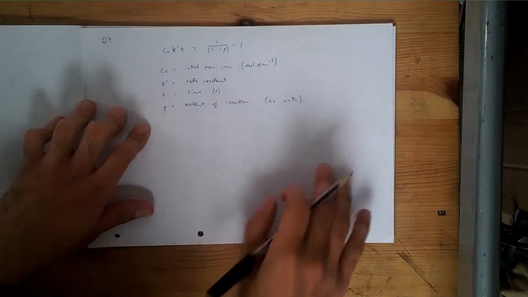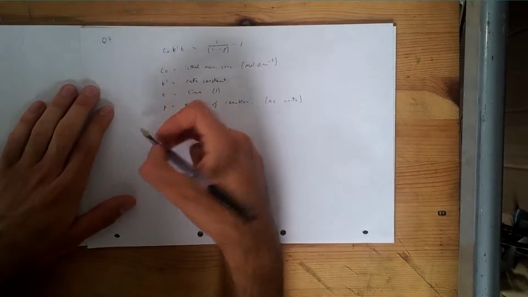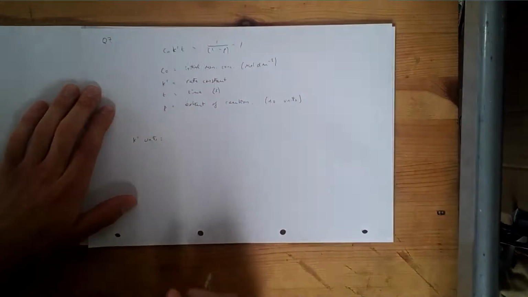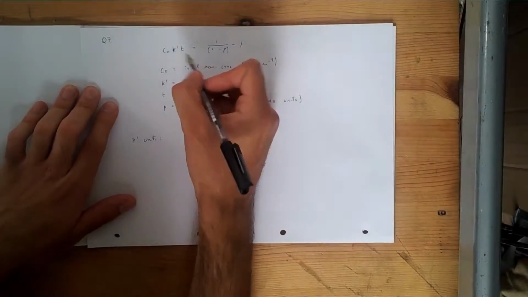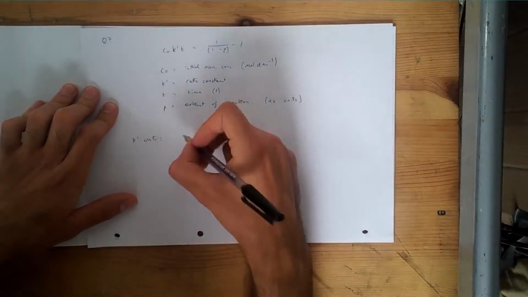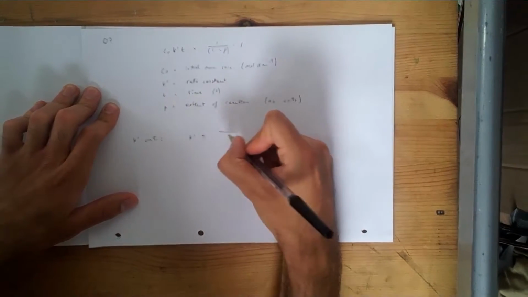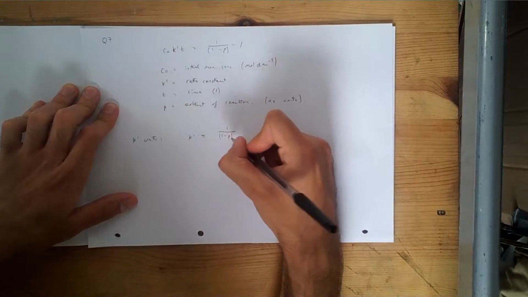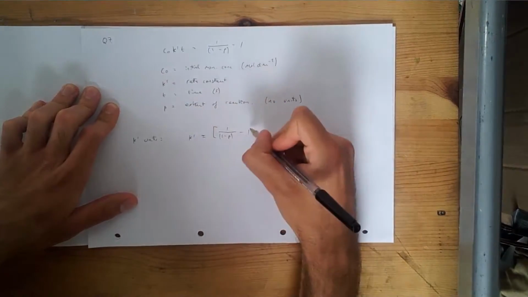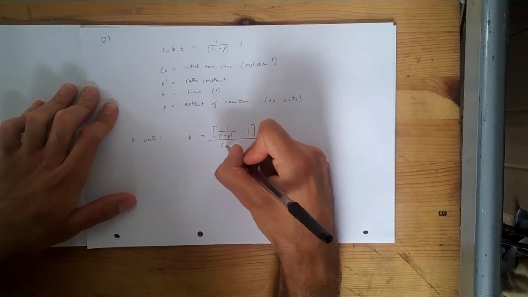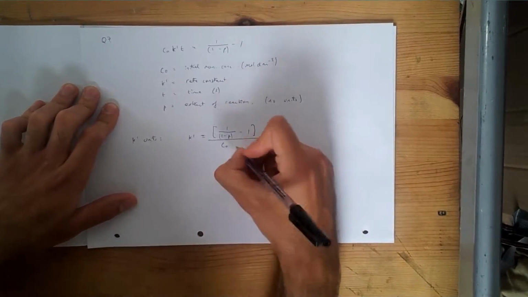So for the units of k prime, we do what we did last time, we make k prime the subject of this, so k prime equals 1 over 1 minus p minus 1, all in brackets, and this is over C0 t.